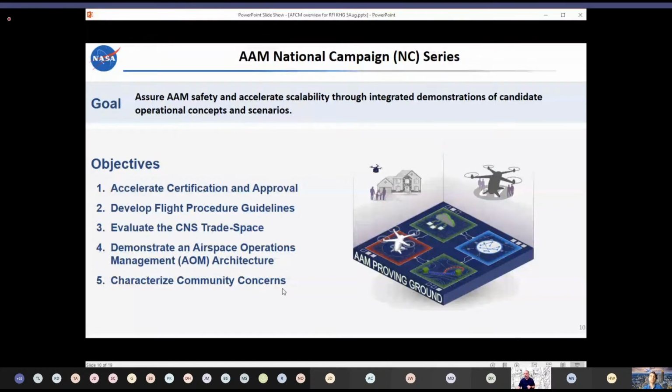And then finally, the fifth element is identifying and helping to mitigate community concerns. From an AFCM perspective, that probably includes primarily a combination of safety, both from the perspective of passengers as well as persons on the ground, as well as passenger acceptance. You can think of that in terms of ride quality, being a combination of the vehicle augmentation combined with the sorts of flight procedures that the vehicle will be operating with.